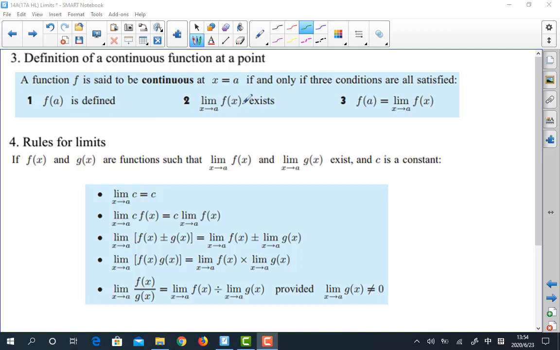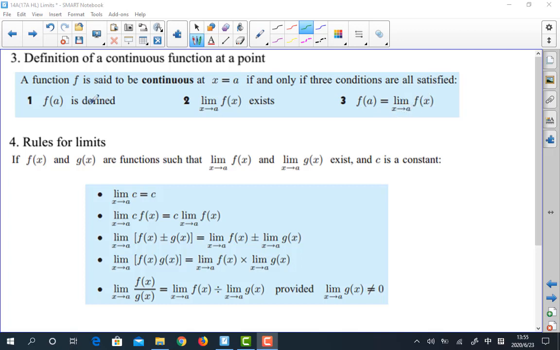The limit of f of x when x approaches a exists. That means the left-hand limit when x approaches a from the negative side is equal to the right-hand limit when x approaches a from the positive side. And f of a also equals the limit value when x approaches a.